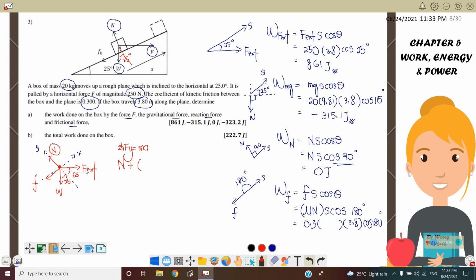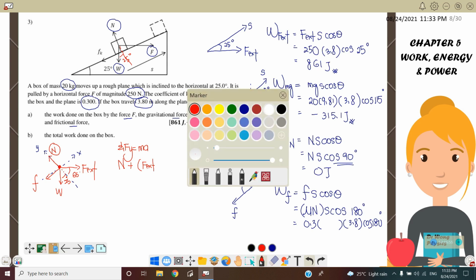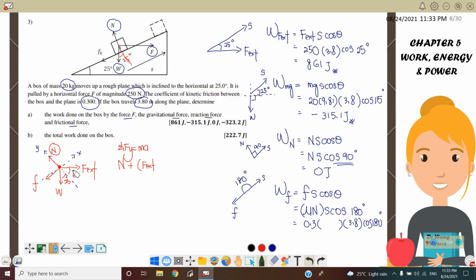The external force resolves into components, shown in green. The y component of the external force is downward.